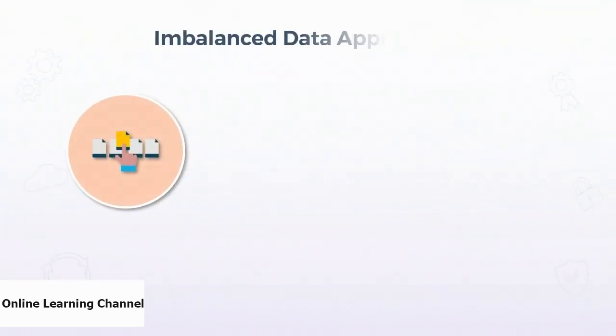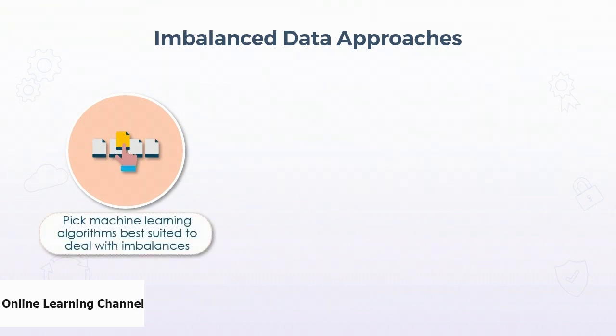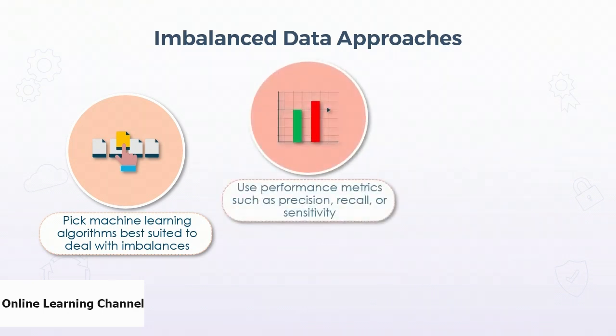Let us now discuss some techniques to deal with imbalanced data. Sometimes it helps to change the machine learning algorithm to one that is better suited to deal with the imbalanced dataset, such as deploying decision trees, where an if-else hierarchy is used to effectively deal with imbalanced classes. Another technique is where the performance metric for imbalanced datasets can be changed from accuracy to other metrics such as precision or sensitivity or confusion matrix.